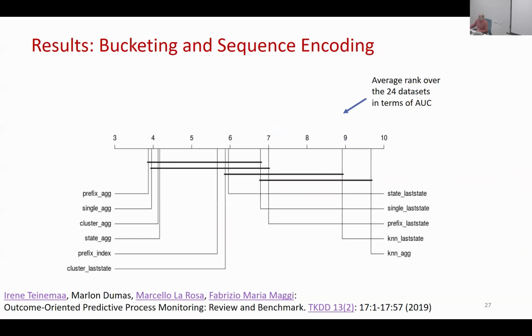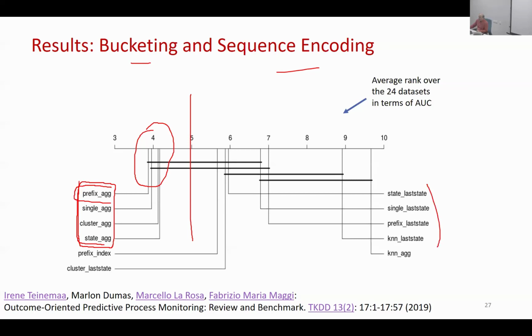And in terms of bucketing and sequence encodings, there is not that much to know, except that aggregation encodings, these are all the methods with different bucketings but with aggregation encodings, actually perform pretty well compared to, obviously, last state encodings.